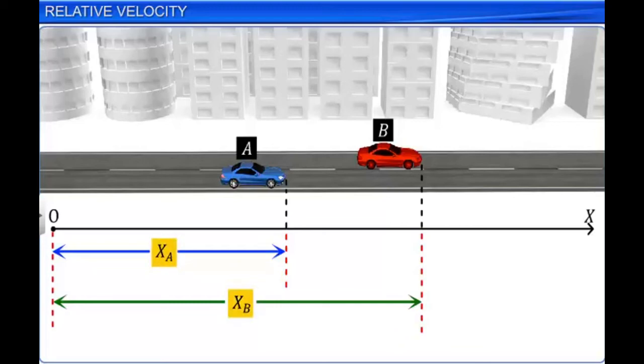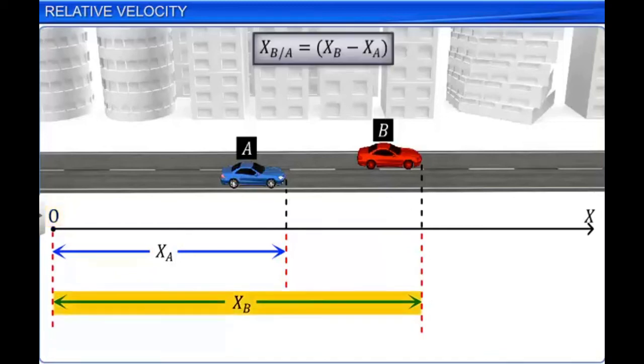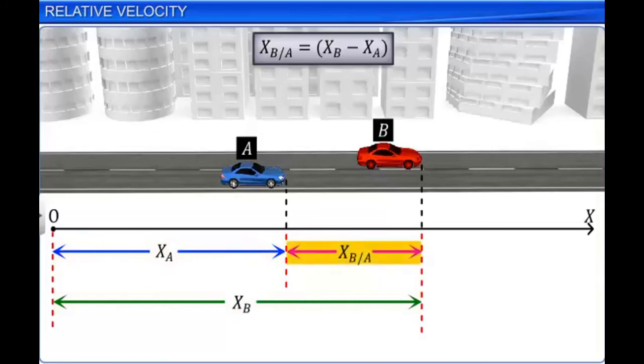This implies that A is at a distance xA with respect to origin O, and B is at a distance xB with respect to the same origin O. This implies that the distance is measured with respect to the fixed point O, which is the origin. xB minus xA is the relative position coordinate of B with respect to A and is denoted by xB by A. When both A and B are moving, we take the distance at a particular instant.